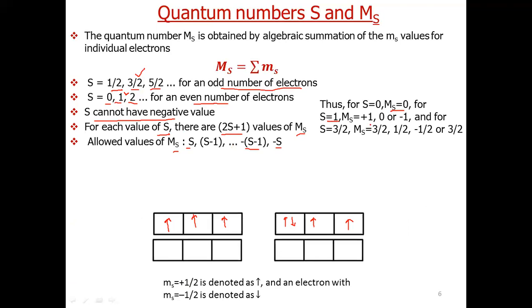If S is 1, MS is plus 1, 1 minus 1 is 0, then minus 1. If S is 3 by 2, its value is 3 by 2, 3 by 2 minus 1 is half, half minus 1 is minus half, minus half minus 1 is minus 3 by 2. So it can have 4 values.